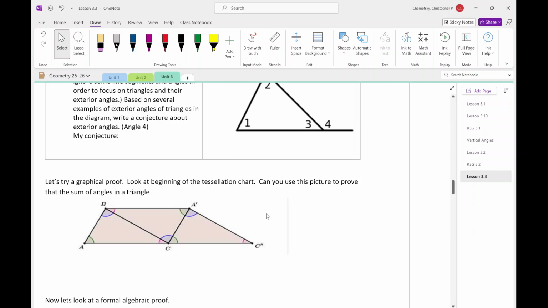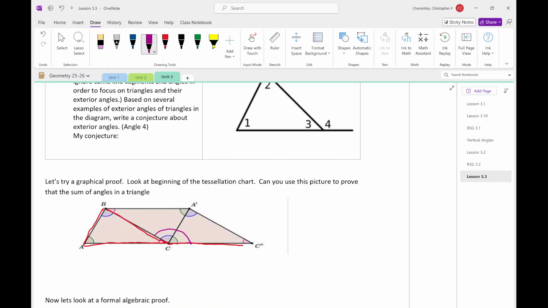So here's our original triangle. And the external angle, if we extend out that side here, that is going to be the blue and the green together. Well, that just kind of shows right there. The blue and the green together form that exterior angle. So that's kind of our graphical proof.